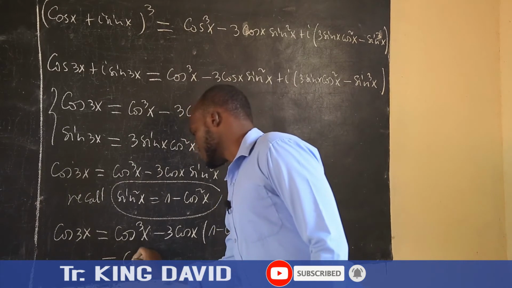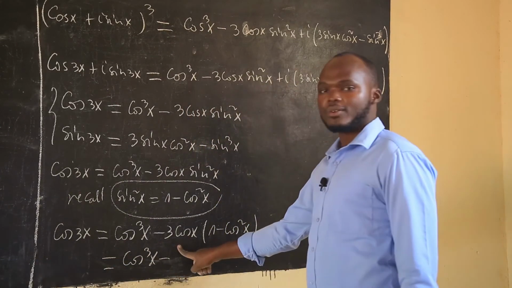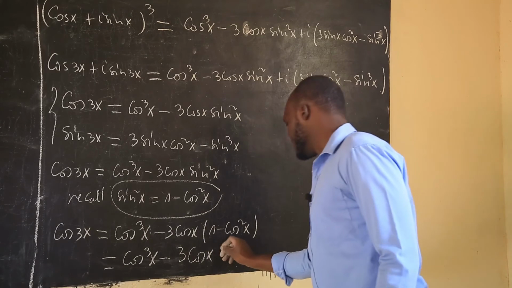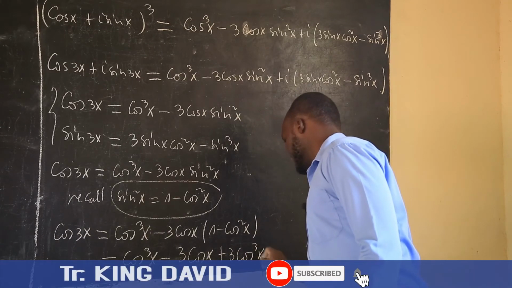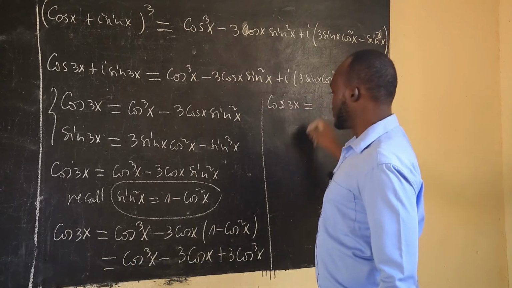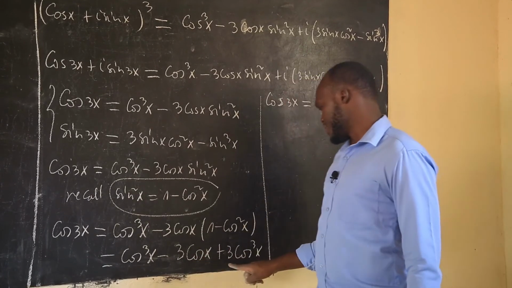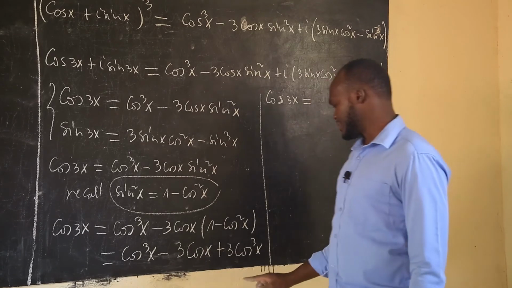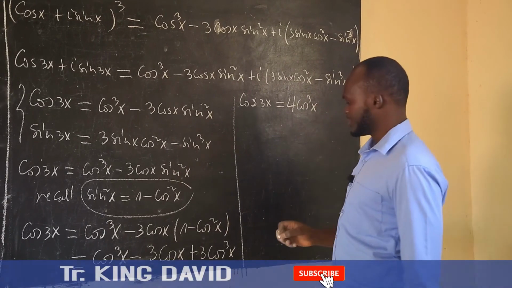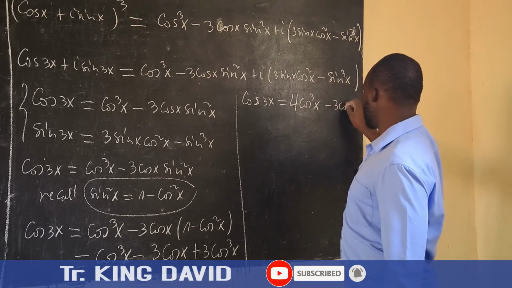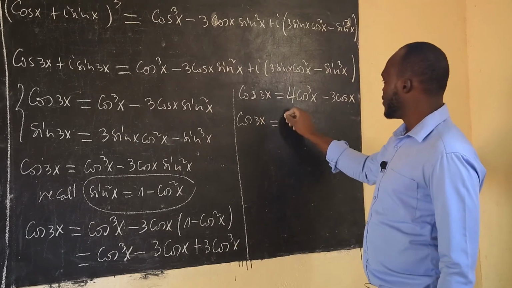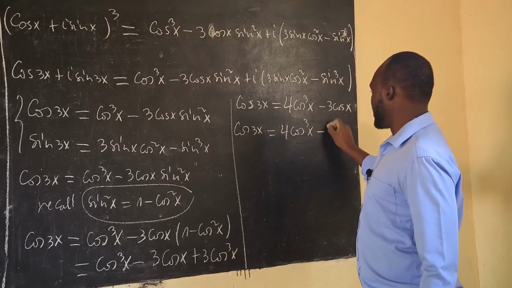So this is cos power 3 x minus 3 cos x, plus 3 cos power 3 x. Therefore cos 3x is equal to 4 cos power 3 x minus 3 cos x.